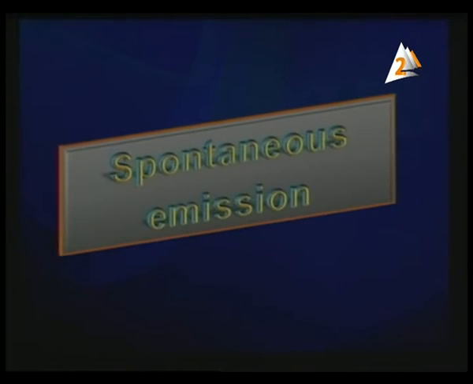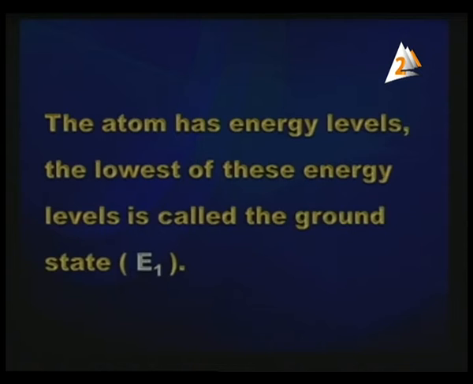We'll start with spontaneous emission. What about spontaneous emission? The atom has energy levels. The lowest of these energy levels is called the ground state. Ground state is denoted by E1.